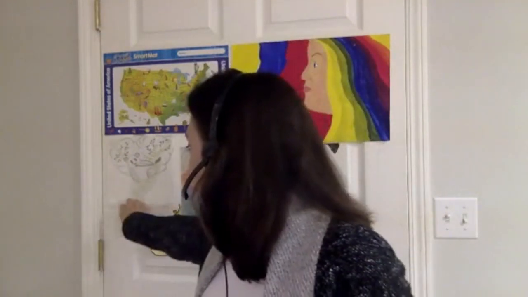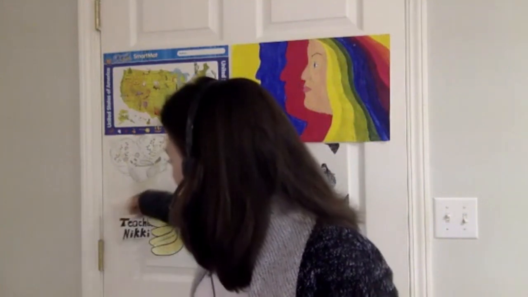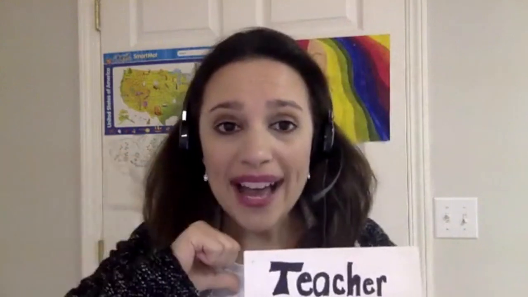So you can just say, hello, my name is, and then it's really good if you have a visual that you can show your beginner. So my name is Teacher Nikki, and then you're able to show them what you're talking about. And if you want to get their name, you're going to go, what's your name? And you're going to cup your ears so that you can hear them.